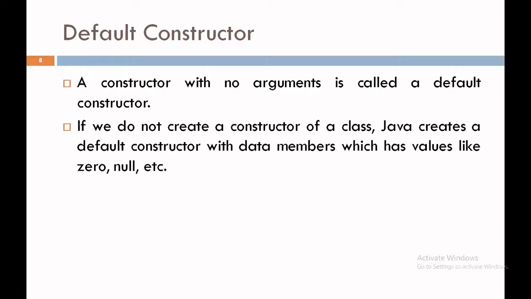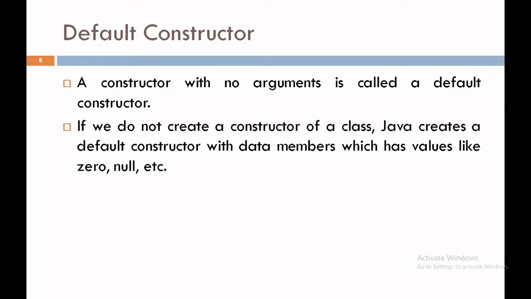Suppose we specify a constructor with no argument. That means it is an explicit constructor, a constructor created by the user. Then it will be a default constructor.